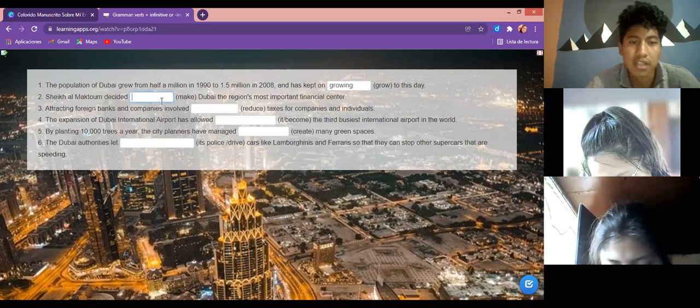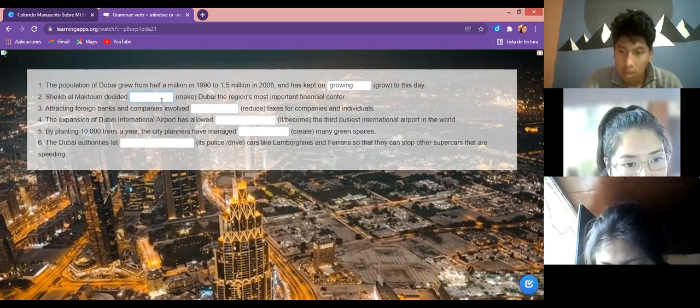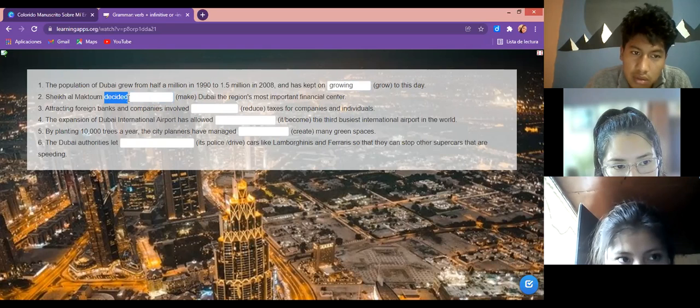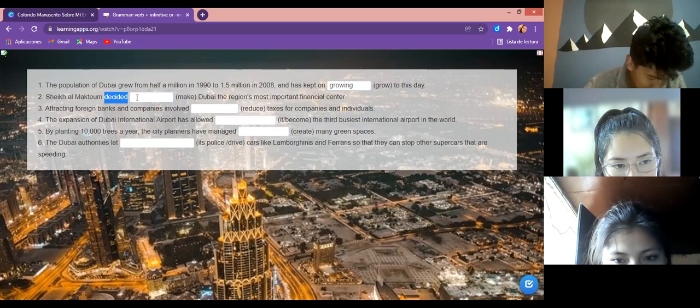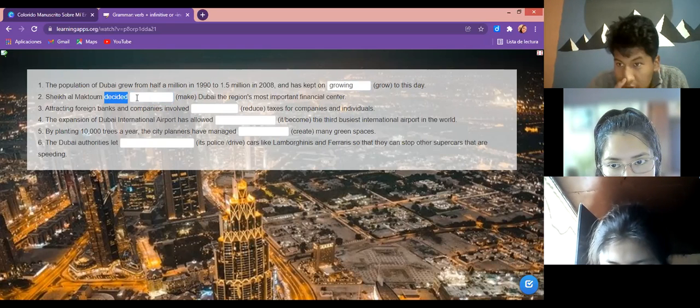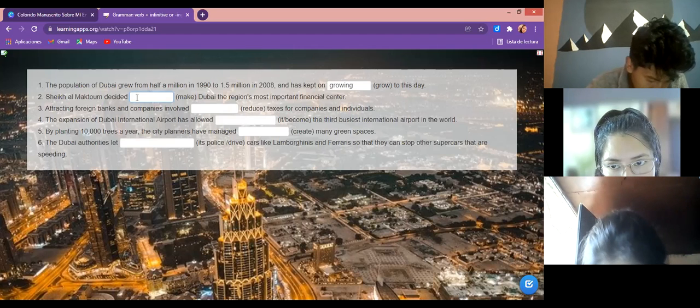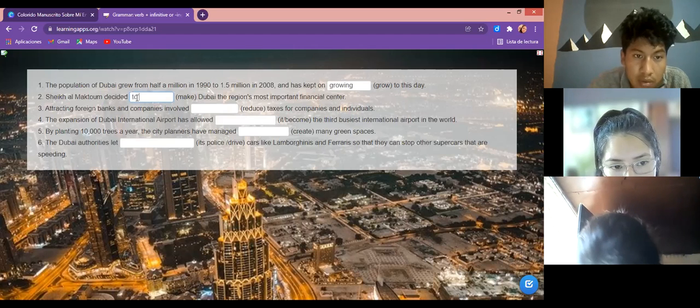Okay, well, making. In this case, the verb has to be in an infinitive form. Why? Because as you can see, decided is a verb that needs to be followed by another with an infinitive form. So in this case it is to make.